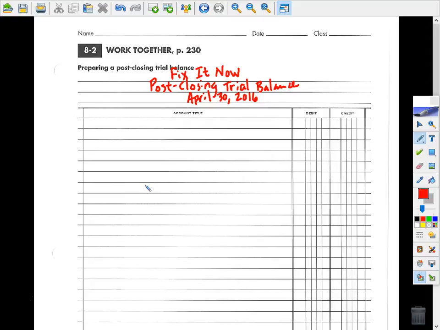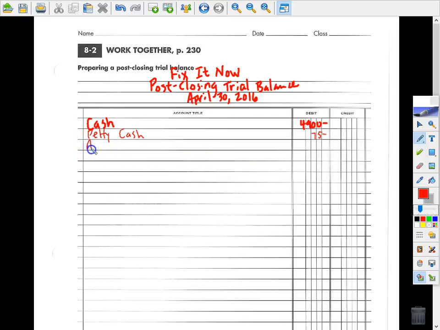Okay, now using what we did yesterday, the work together problem, we're going to go to the beginning of the ledger. The first ledger account is cash, and all we're really literally doing here on the post-closing trial balance is listing the accounts starting with the first asset, and the balance of cash as of April 30 is $4,900. And then the next asset is petty cash, $75.